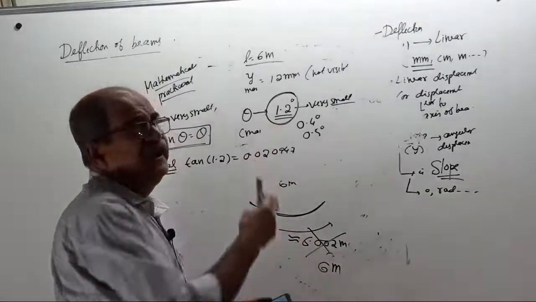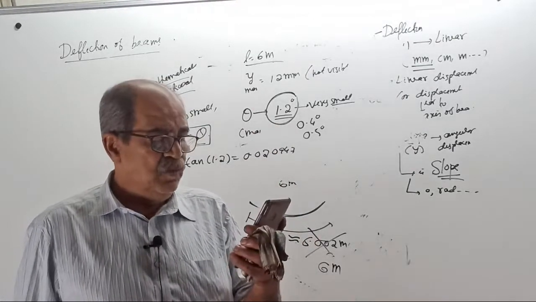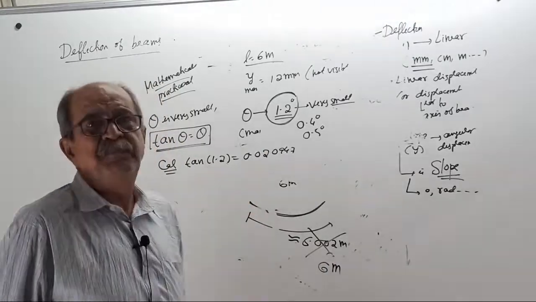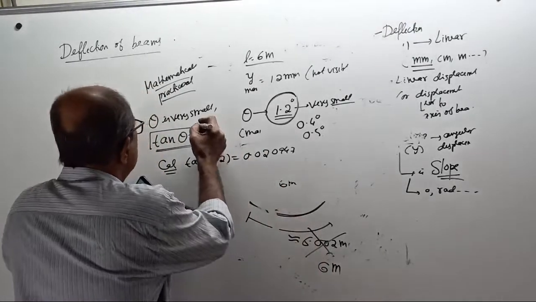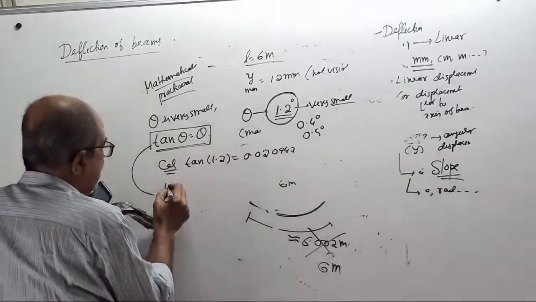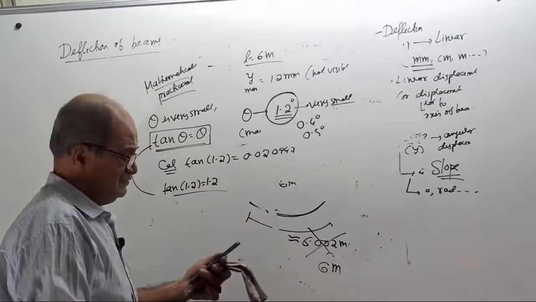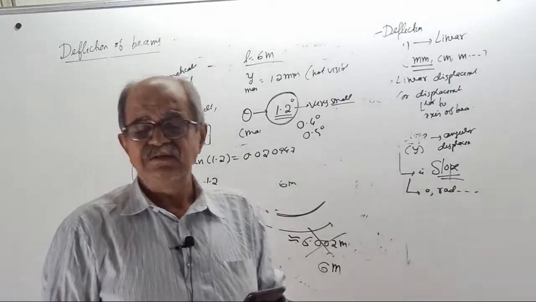Practically, 1.2 degree slope will be there. So many times 1.2 degree slope is there. Tell me, when you take tan 1.2, are you getting 1.2? Actually, as per my statement, when you take tan 1.2, you should get back 1.2. But are you getting it?